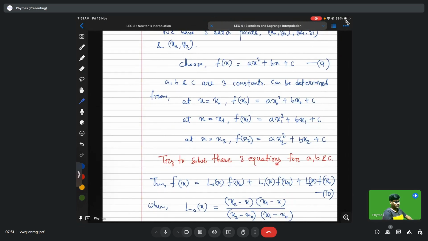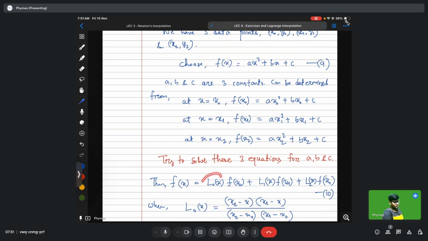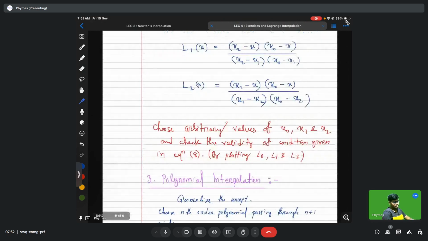And when you solve these 3 equations for the values of a, b and c, and simplify further, the f of x function can be written in this fashion. So this will be L0x f of x0, L1x f of x1, and then L2x f of x2, where L0x value is like this, L1x value is like this, and L2x value is this.